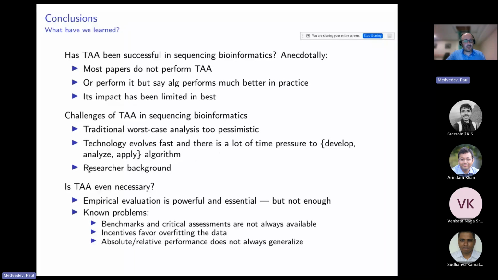Now there are fancier techniques, the semi-random models and so on, but then you really get into the question of, well, if you're working in bioinformatics, your expertise is usually not in theoretical computer science. So there's not many people working in bioinformatics that can do smoothed analysis. So there's a question of the background of researchers.